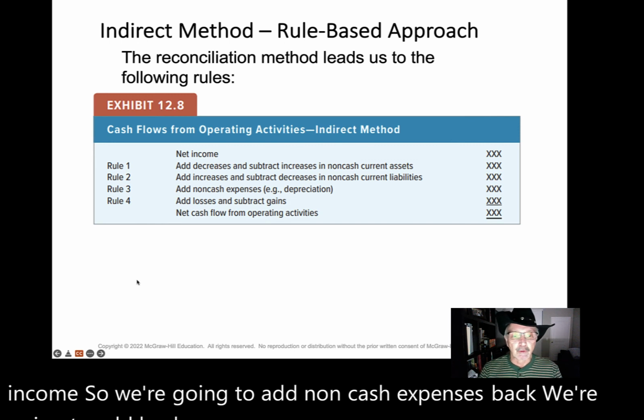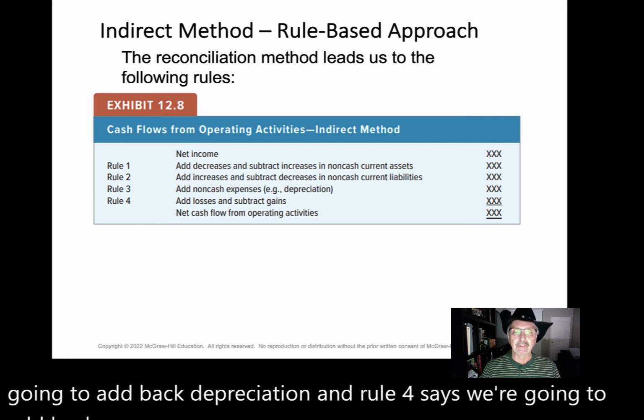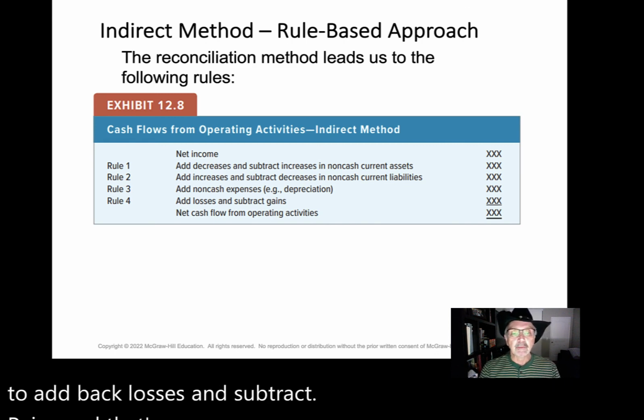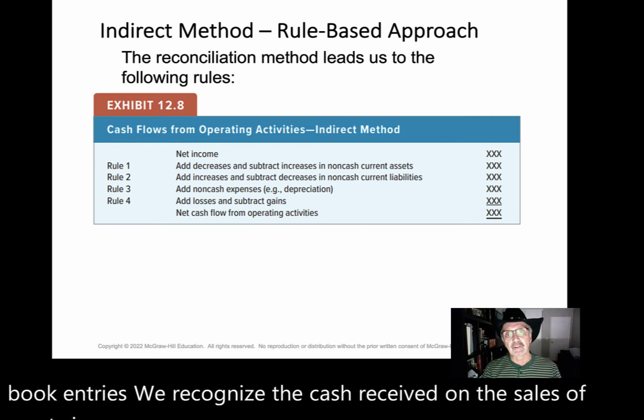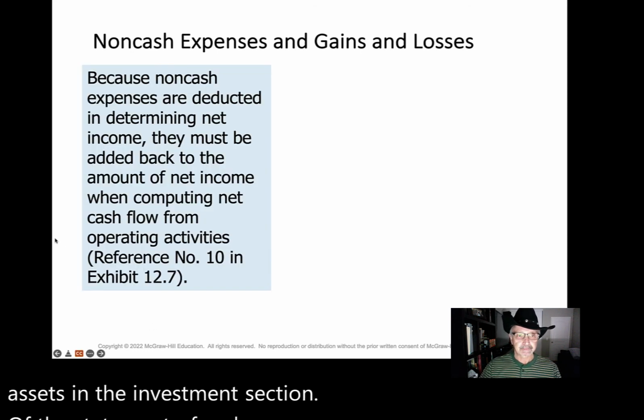And rule number 4 says we're going to add back losses and subtract gains. And that's the same reason, because losses and gains are book entries. We recognize the cash received on the sales of assets in the investment section of the statement of cash flows. And that's what we're talking about here.